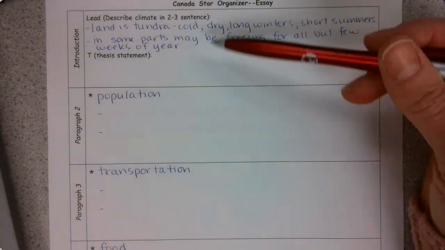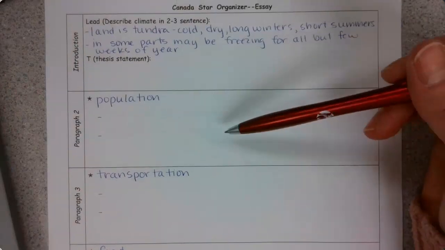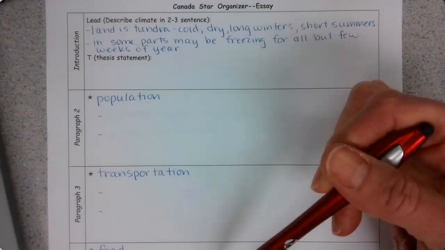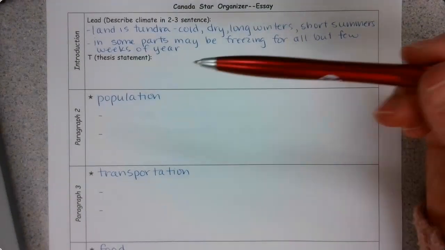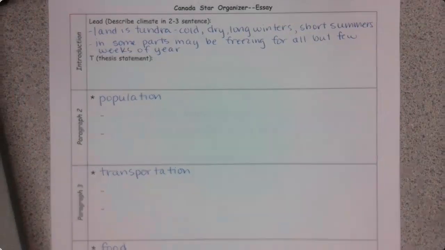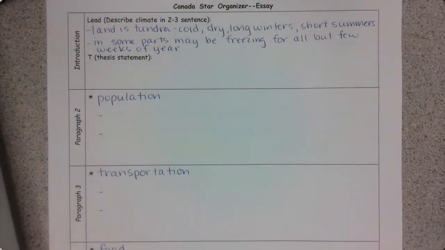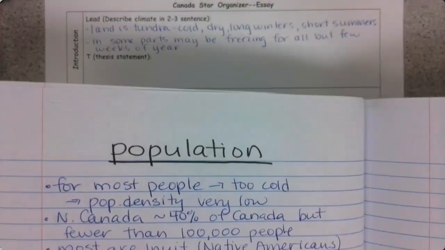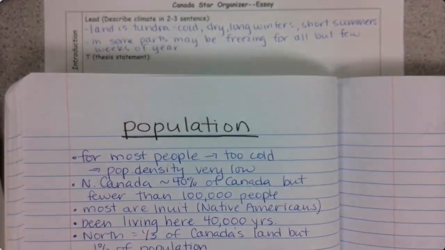Okay, so now that you're done planning your introduction, let's talk about how you plan each of your 3 body paragraphs. So let's start with population. To plan this paragraph, you're going to want to flip to the population notes you collected in your notebook.